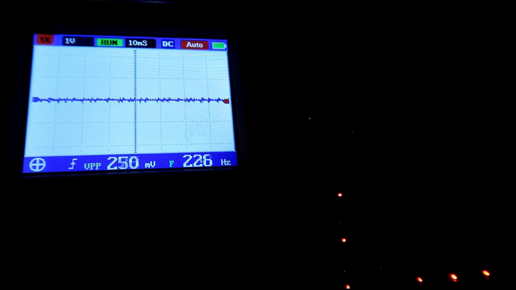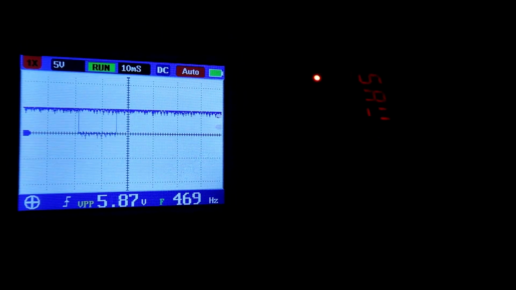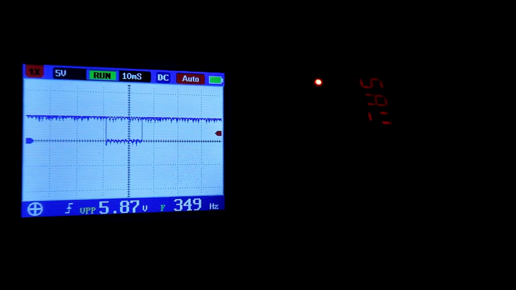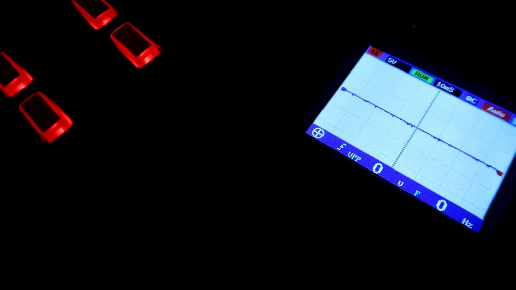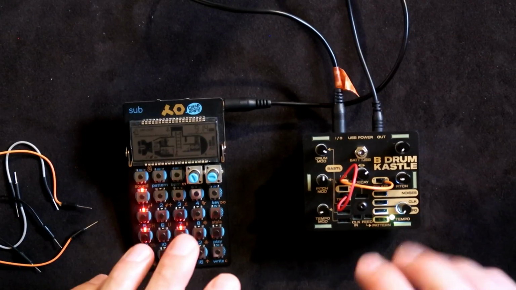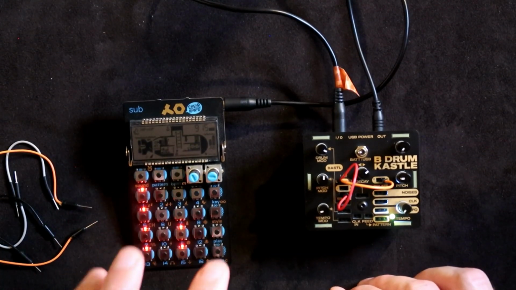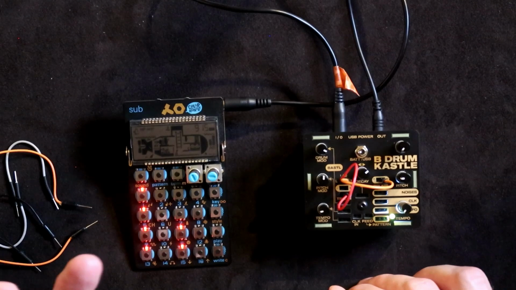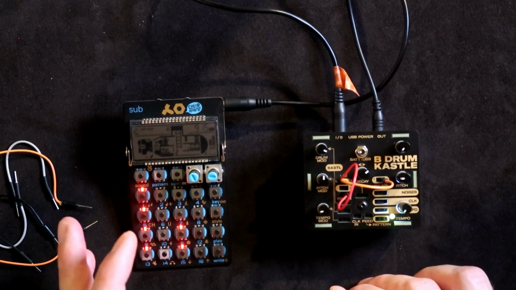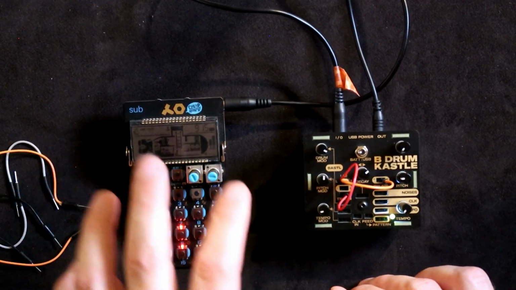There it is. It's just 1 volt. And then if you look at some of these other things like the Korg NTS-1 or the SQ-1 or the Volca Modular, they're all in the 5 volt range. So the pocket operator sync signal is very low. Now, that's the way that it should be because of the way it's designed.